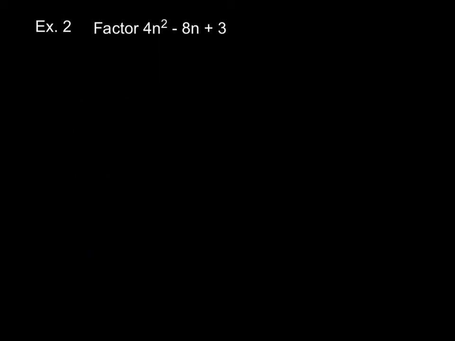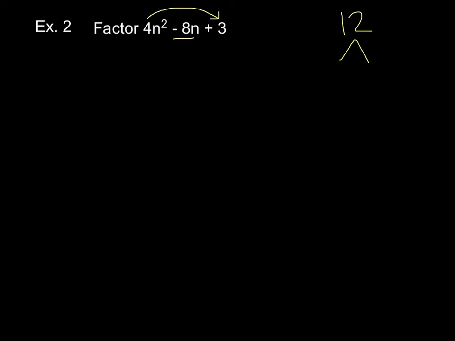So let's look at the next problem. 4n squared minus 8n plus 3. So again, step 1, multiply A times C. So that gives me 12. And now I want to break down 12 into two factors that would add to give me a negative 8.